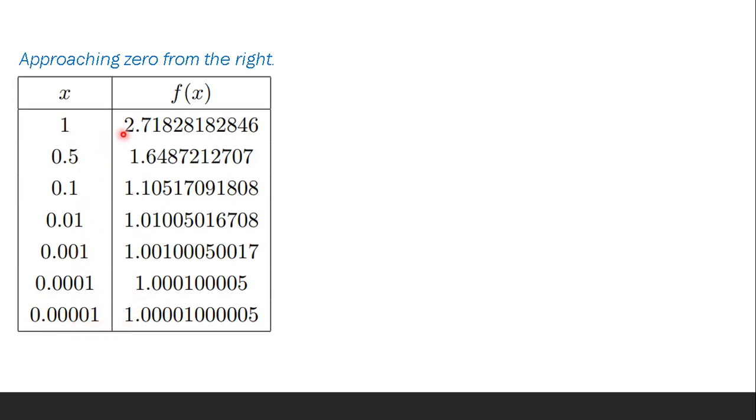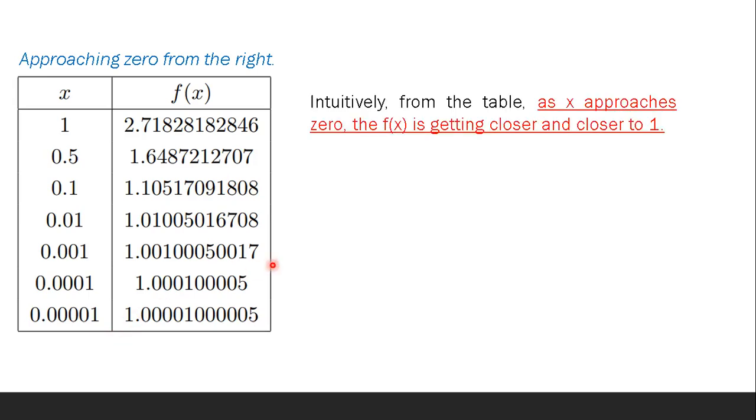And as you observe here, we go from 2 down to 1. And intuitively, from the table, as x approaches 0, f of x is getting closer and closer to 1.